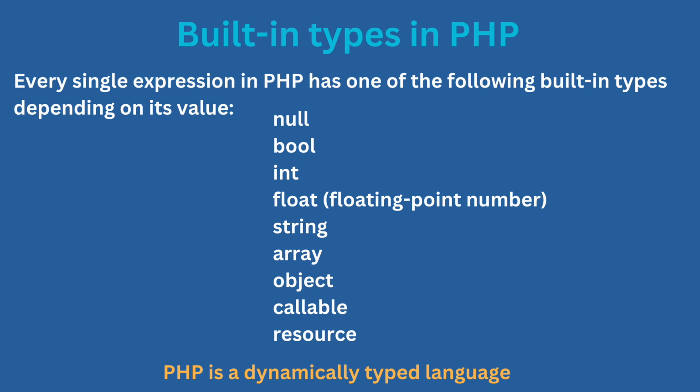Whatever value an expression or variable is holding, the type of that expression or variable depends on what type of value it is holding. You are not mentioning whether the variable is an integer, float, string, array, object, callable, resource, boolean, null, or whatever.